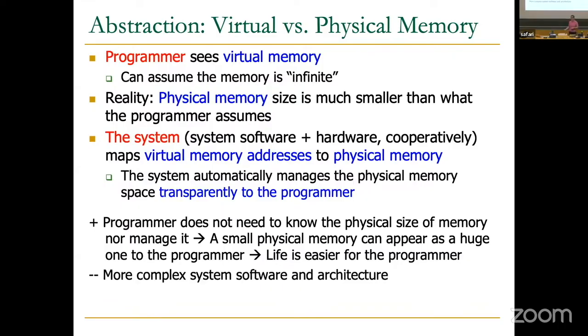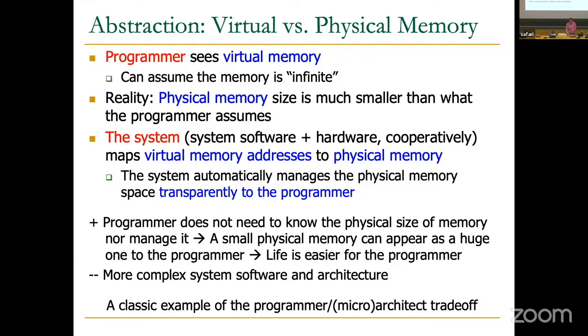But of course, the downside is somebody needs to pay the cost of actually making this work, and that's the system software and architecture, essentially the microarchitect and the system designer. This is a classic example of the programmer-microarchitect trade-off, right? You make the programmer's life easy by making the microarchitect's life hard. Precise exception is another example, right? We retire instructions in order, and we have to pay the cost of doing so.